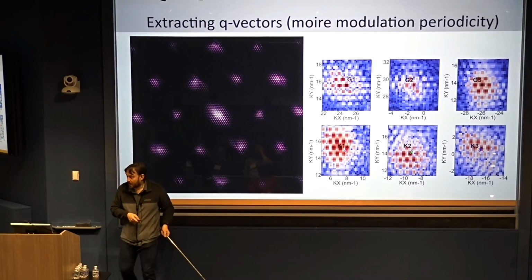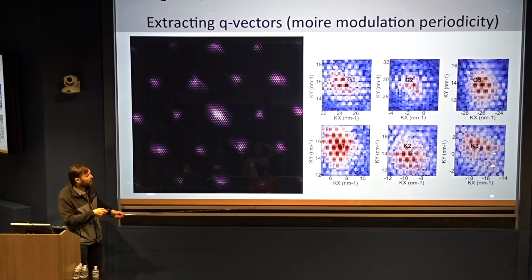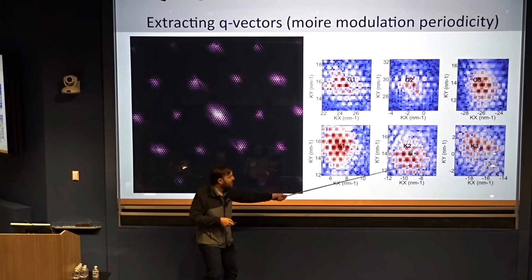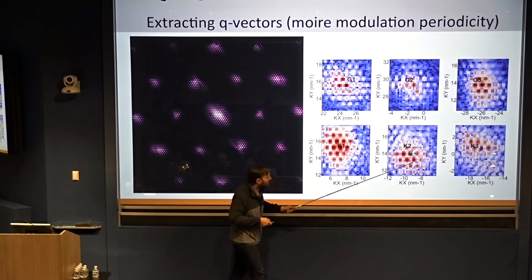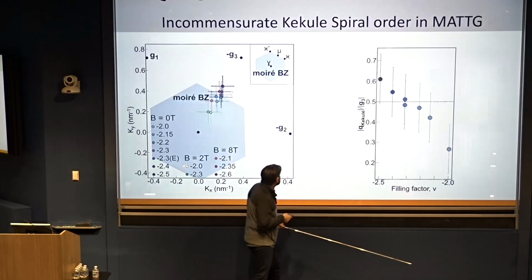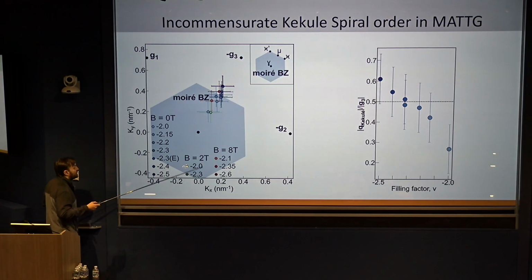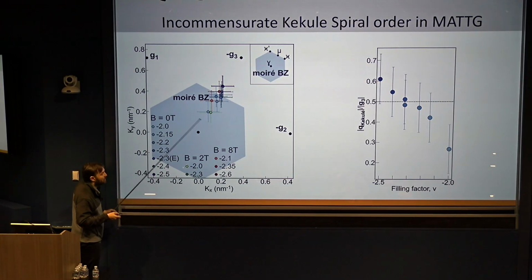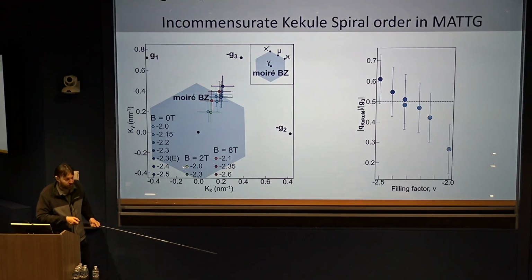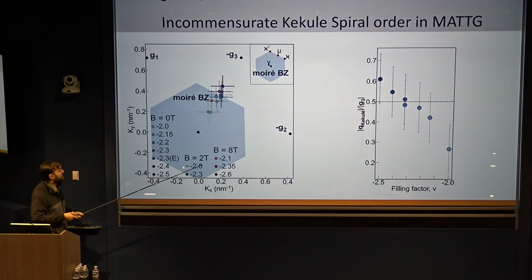So now you can do this for many different areas and for many different parameters, and I just have a summary graph for everything. This is as a function of doping and as a function of magnetic field. We tried to do this also on many areas of the samples.